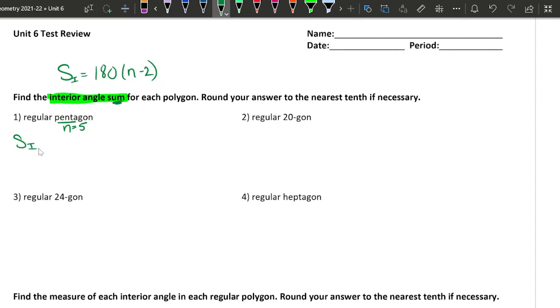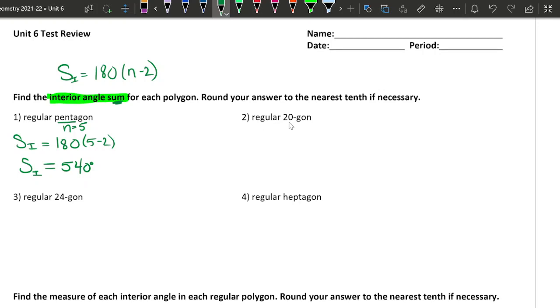So the sum of the interior of a pentagon equals 180 times 5 minus 2, or 180 times 3, which is 540 degrees. So all pentagons, all 5-sided figures have a total of 540 degrees inside. So S stands for sum, the little I stands for interior.